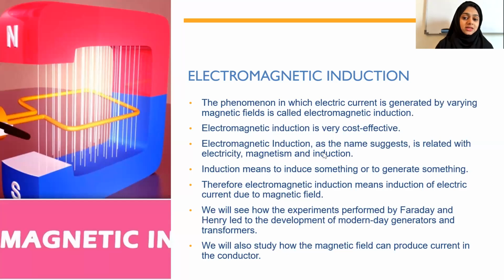But this word induction may be relatively new to you. What is the meaning of the word induction? The word induction means to induce something or to generate something or to produce something. So here we will see many occasions where current is produced, EMF is produced.